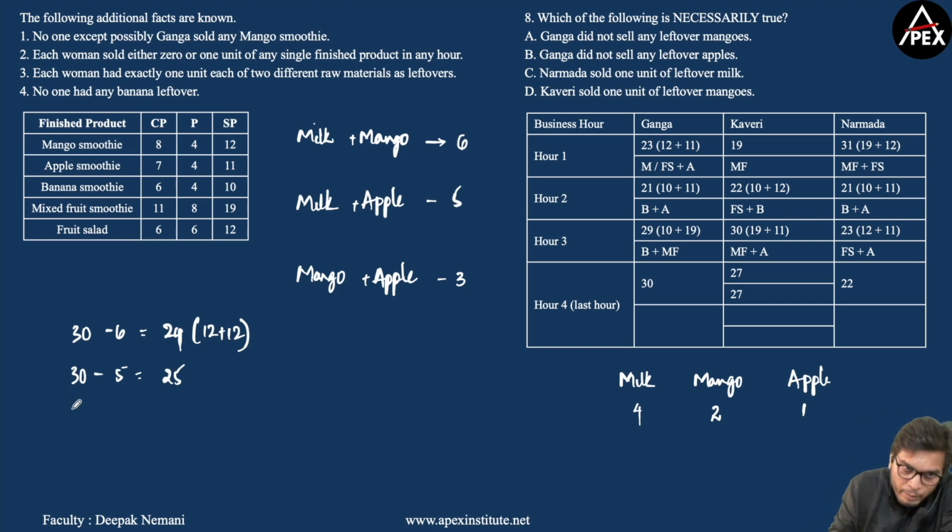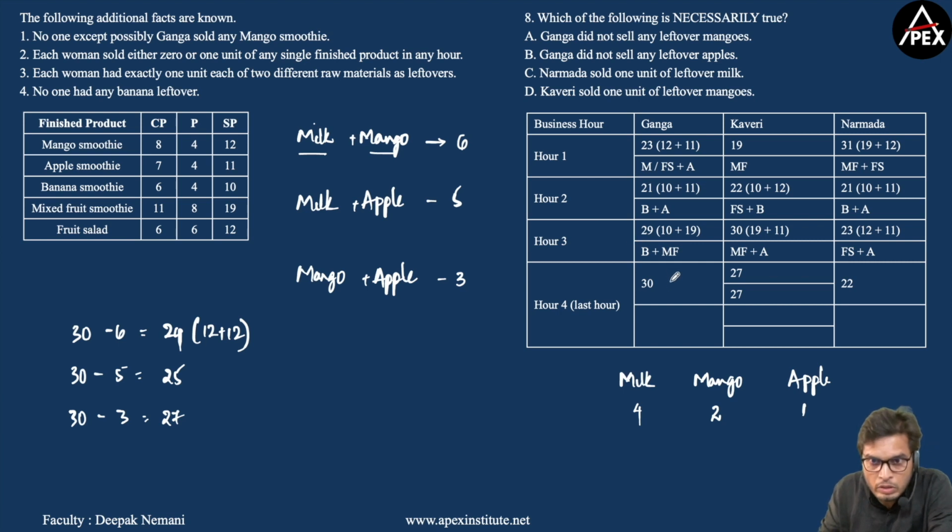Now let me consider Ganga being left with mango and apple as leftovers. So the balance amount should be 27. Can we have any of these items adding up to 27? No. Right? So I can say that Ganga was left with 1 unit of milk and 1 unit of mango as leftovers.